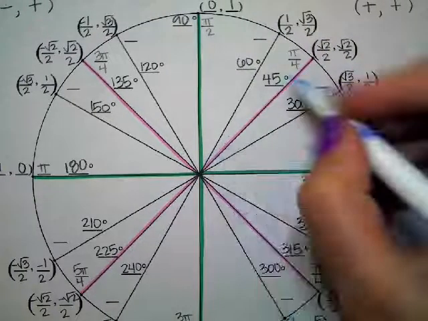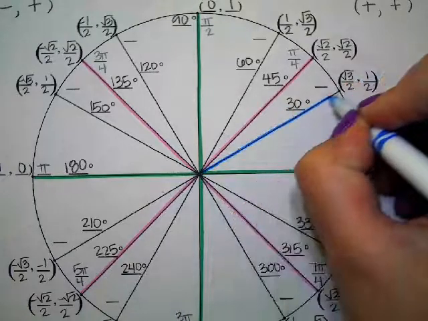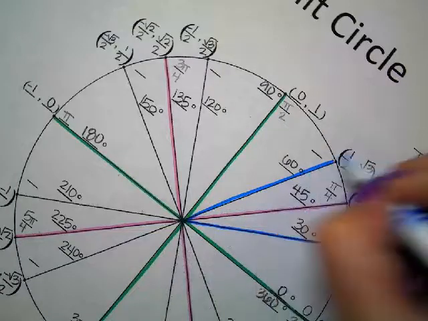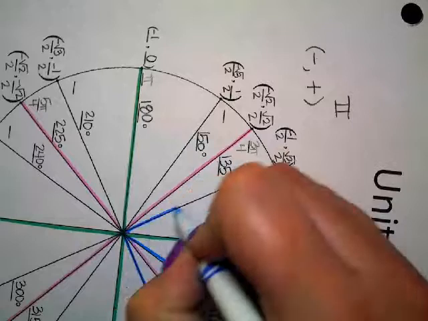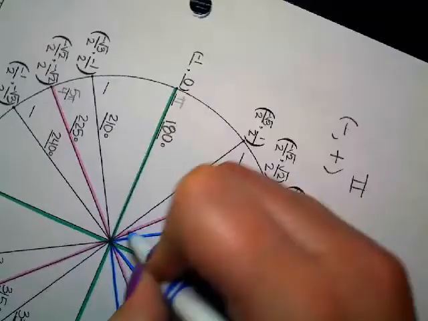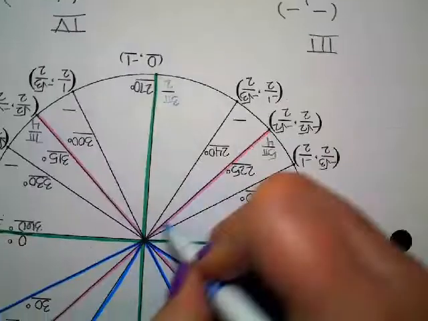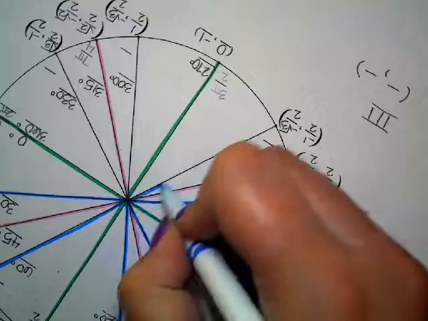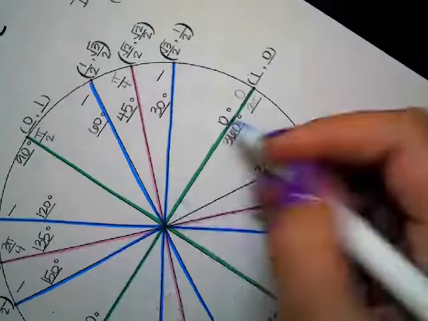I'm going to do this line right here, keeping the green. This line right here, ignoring the pink. So I'm doing all the remaining lines, but I'm pretending that the pink is not there.